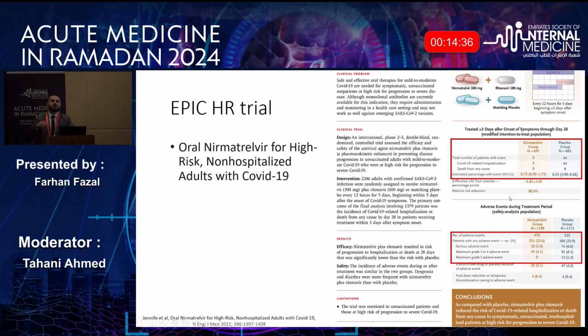So if you compare these two groups, if you give Paxlovid, there's a good likelihood that the patient will not progress to getting hospitalization. And that is the whole idea, right? We don't want patients to get into the hospital and then have complications from there onwards. So this particular trial was very important to show the role and efficacy of Paxlovid in COVID management.